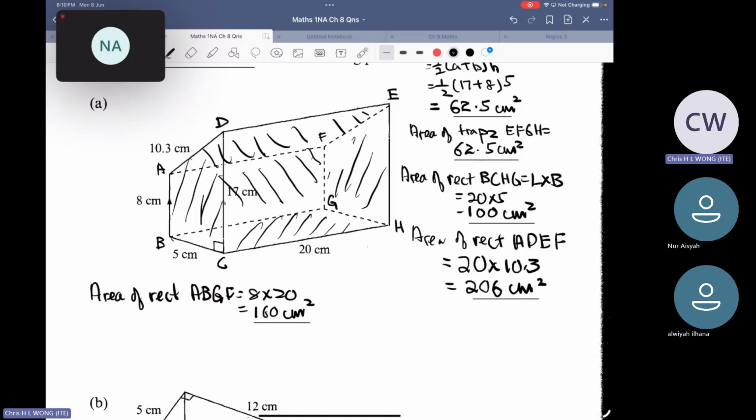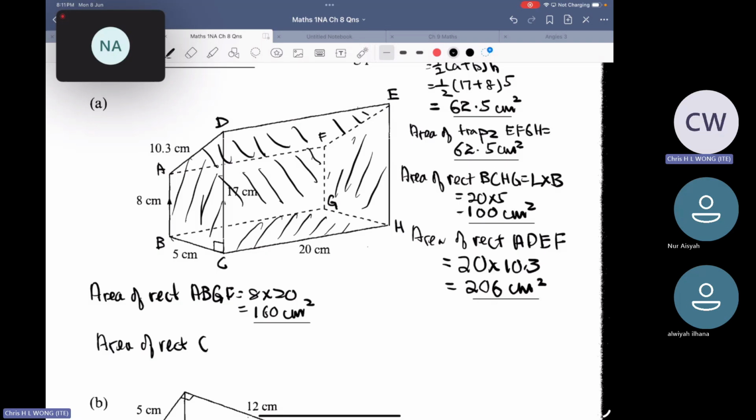Where is the last one? CDEH. Very good. CDEH, the front, the last one. Area of CDEH, also a rectangle.